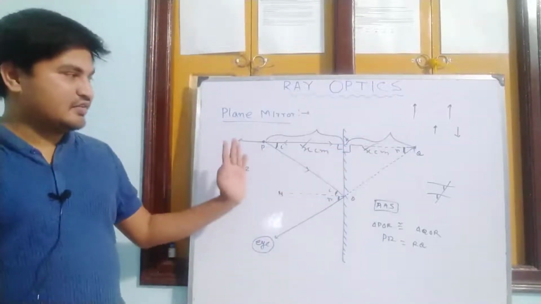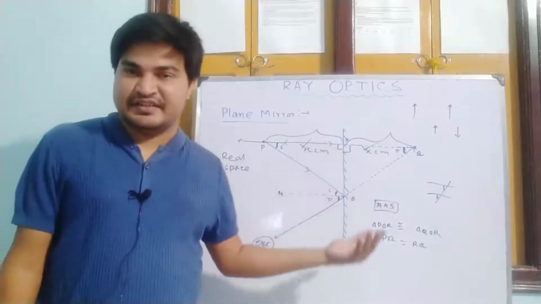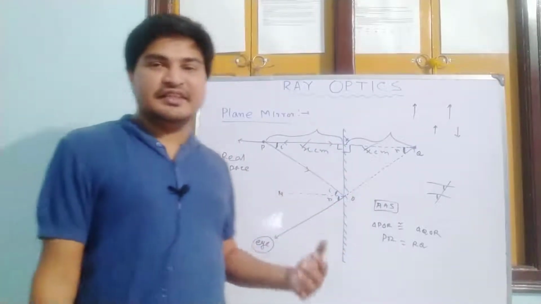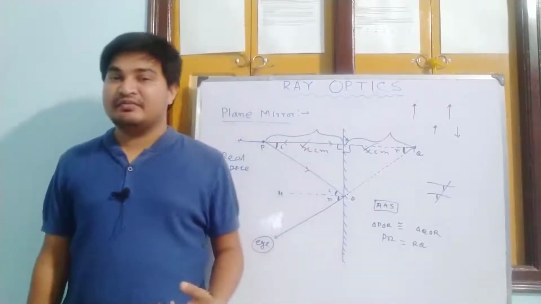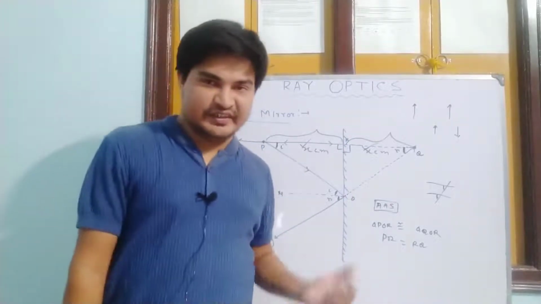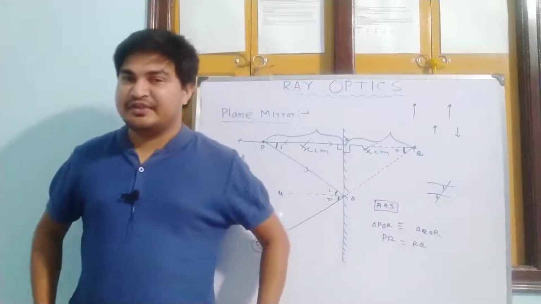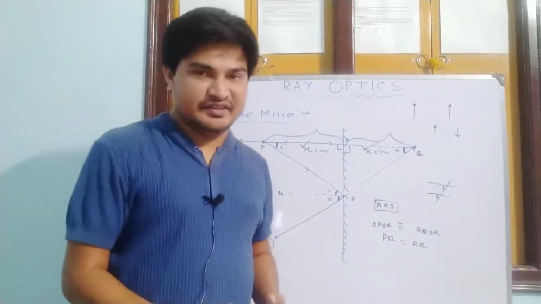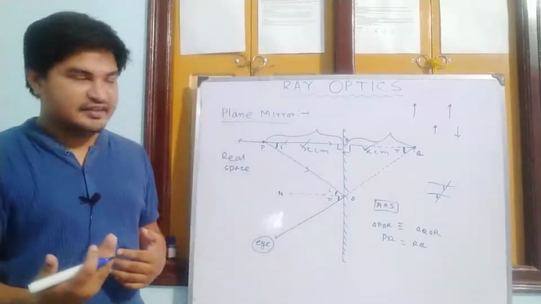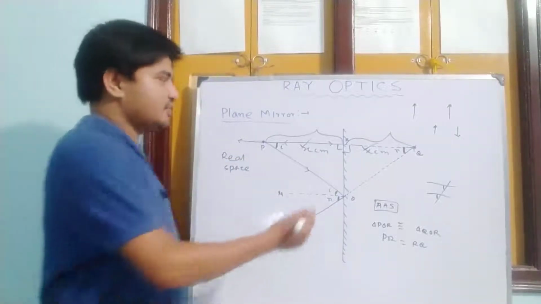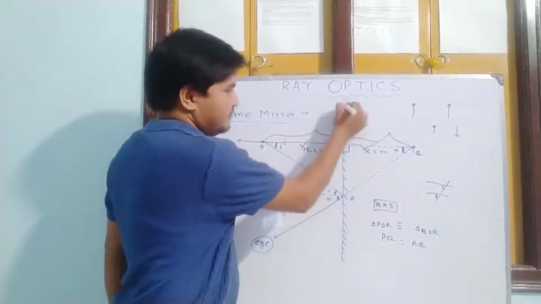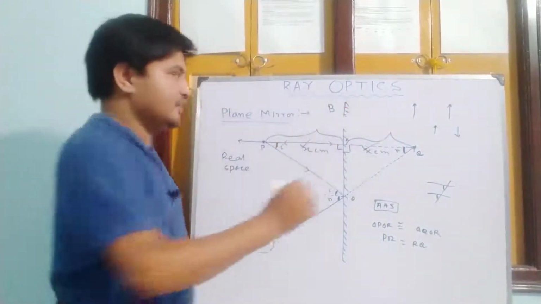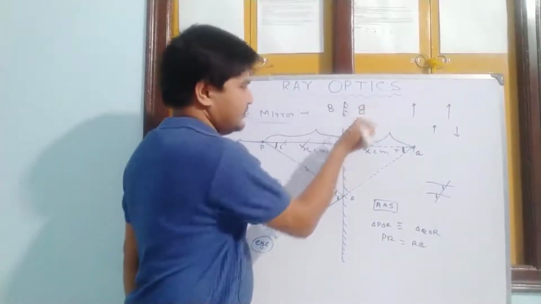And as the distances are the same, for this reason it happens in case of a mirror that the left side of the object appears to become the right side of the image, and the right side of the object appears to become the left side of the image. So there is a lateral inversion. The change of side takes place in this case. For this reason, in a plane mirror, if we look at this letter B, it will look like this.